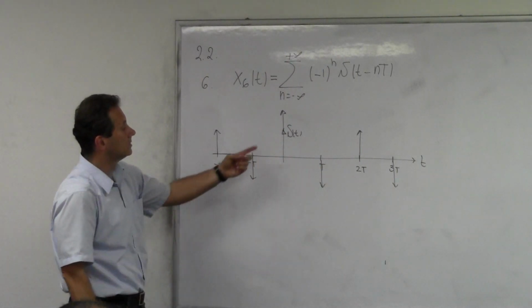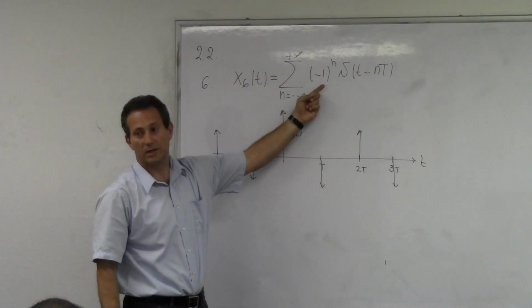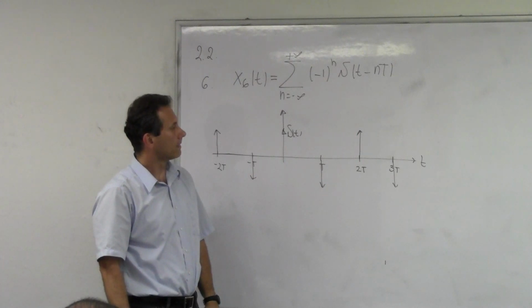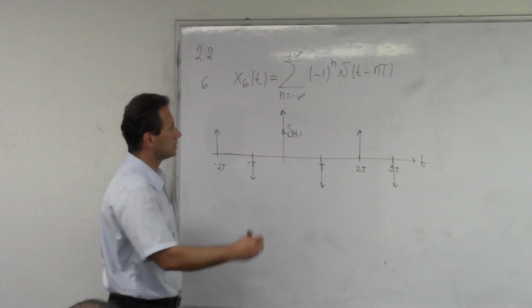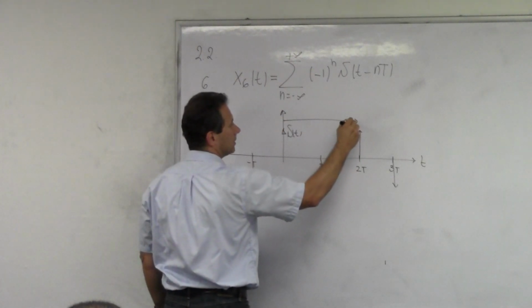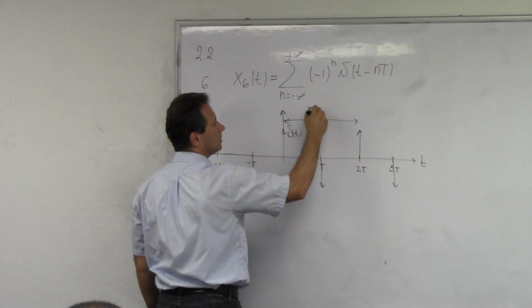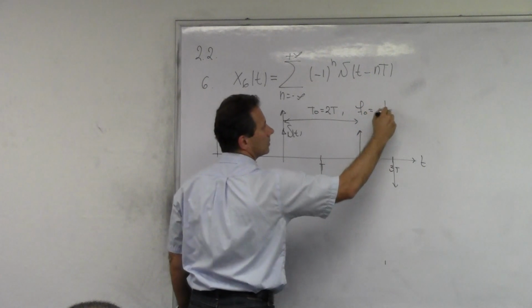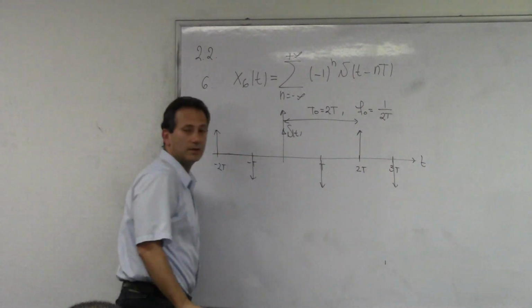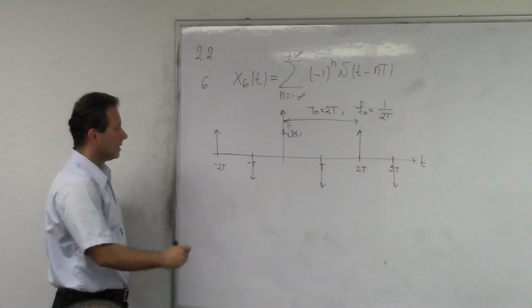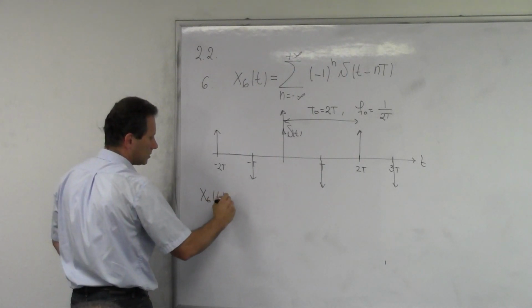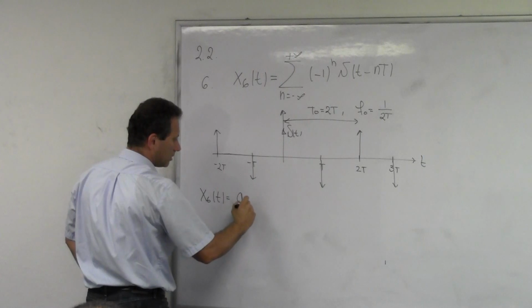Whenever n is odd, you get minus 1, which turns your delta pulse downstairs. So the period of this signal is what? T0 is equal to 2T. And let me call f0 1 over 2T. That's your fundamental frequency.